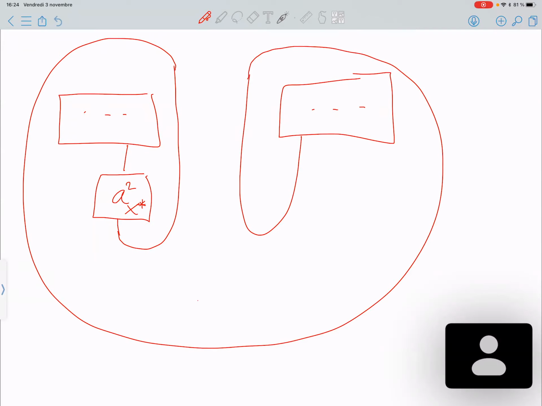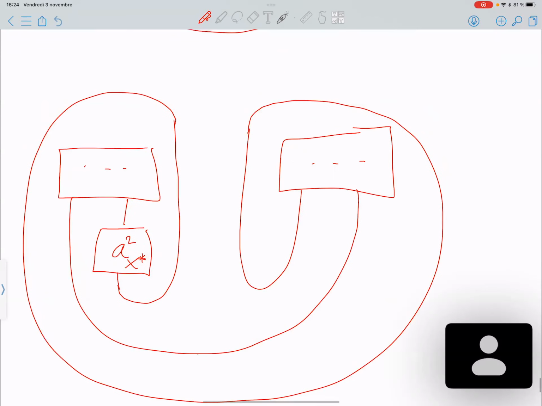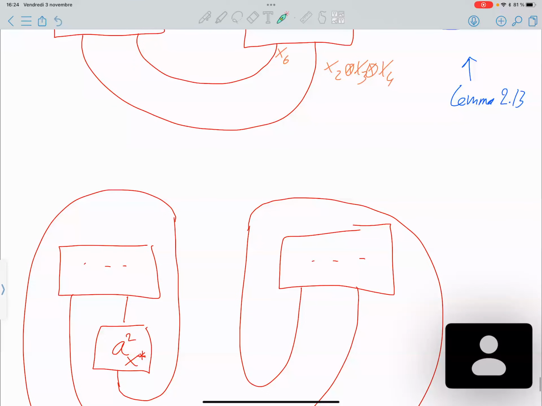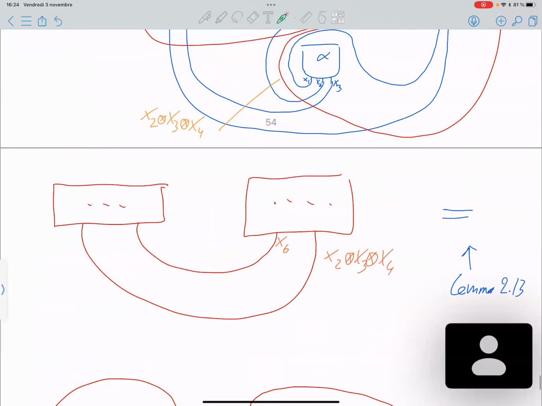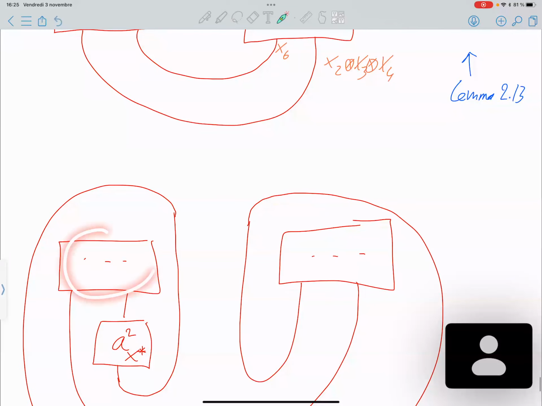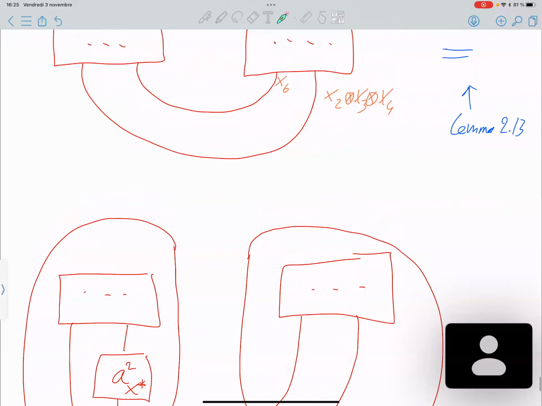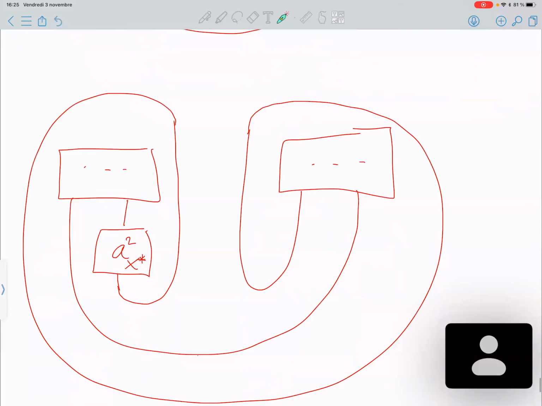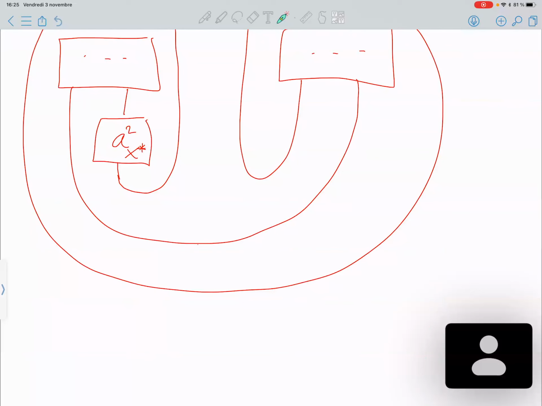Okay. So this is what the lemma is saying. So now you have to put this block here and this block here, and you will be able to prove the proposition.